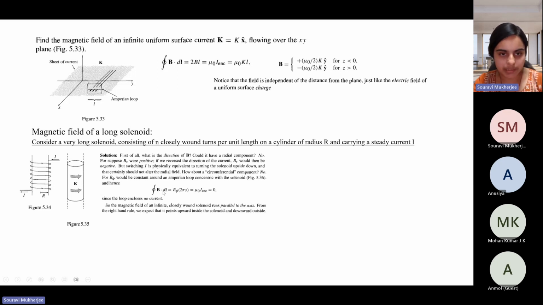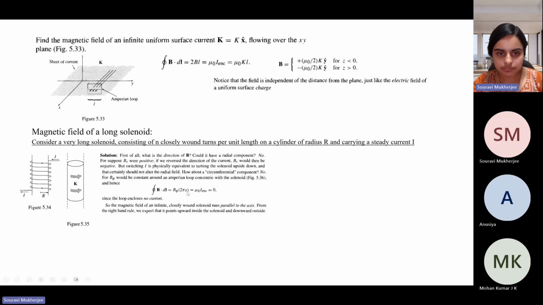So even that is 0. Why? Because you can consider an Amperian loop, a circular loop, which is concentric with the solenoid. And you would see that it encloses no current, right? And there, by Ampere's law, because the enclosed current is 0, your B phi should be 0, right?